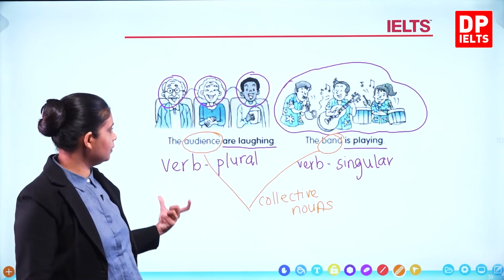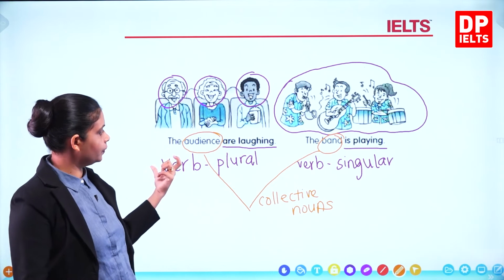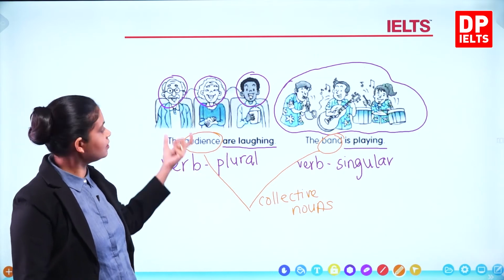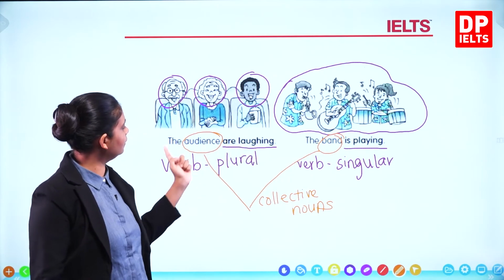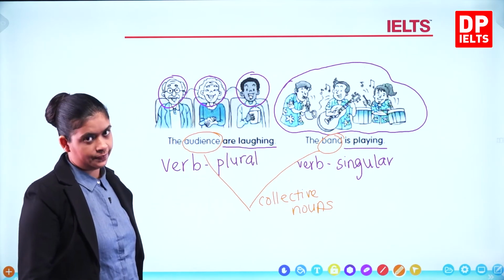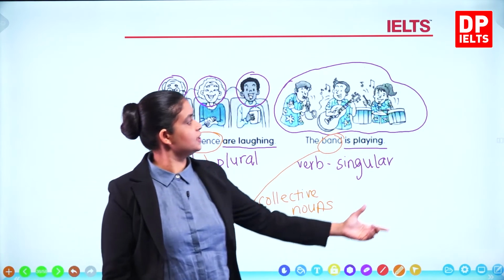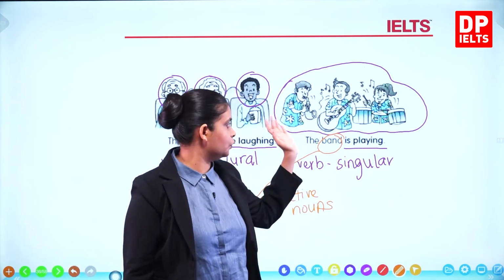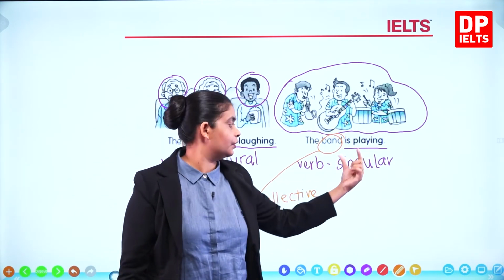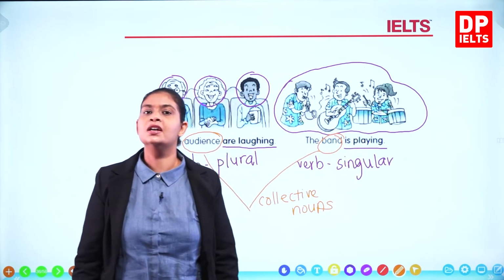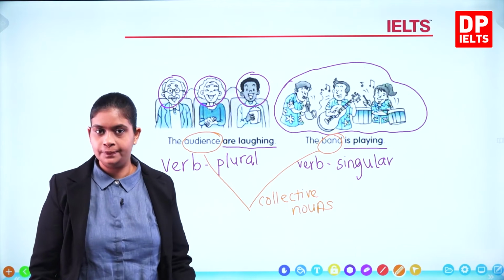So when this group of people are considered as individuals, then the verb is plural. When using collective nouns, if the group is considered as one, then we use the singular verb.